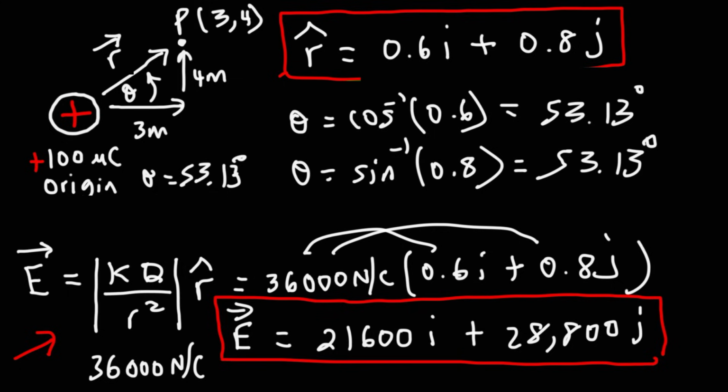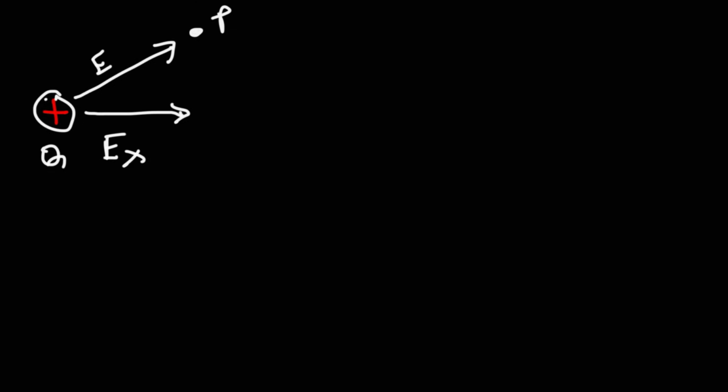Now I'm going to just summarize everything that we've learned. So if we have a charge Q, and we want to calculate the electric field at point P, remember the electric field vector is going to point away from the positive charge towards point P. This is going to be the x component of the electric field, and this is the y component. And here is the angle. If you need to determine the angle, you could take the arctangent of the y component over the x component.